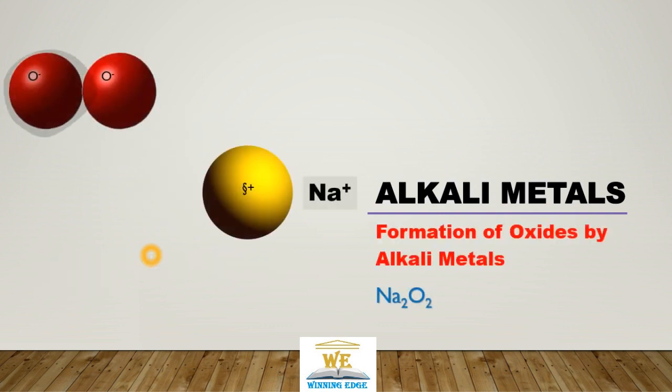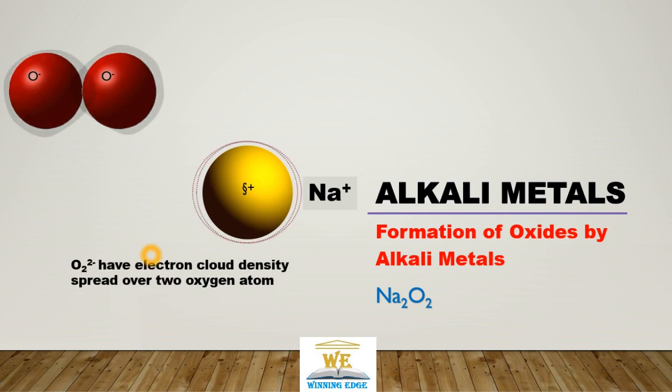Now we will see Na2O2 or sodium peroxide. We know sodium ion has a relatively large size than lithium. So O2 2- has electron cloud density spread over two oxygen atoms.